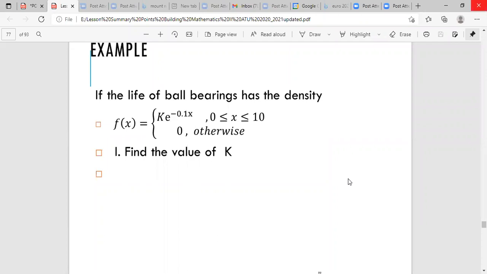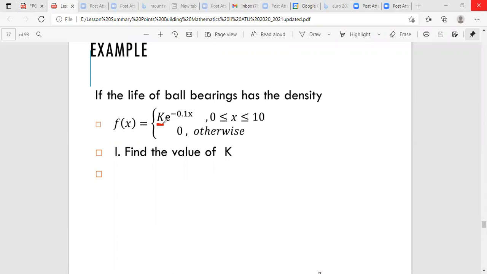Now, just like in a discrete case, you are given the probability distribution and you are given some unknown value k, and you are told to find the value of k. In the same way, you can also be given an unknown constant k in the continuous distribution and asked to find the value.